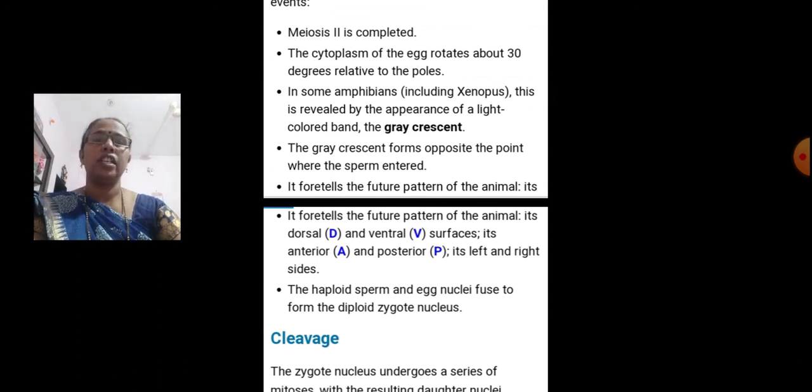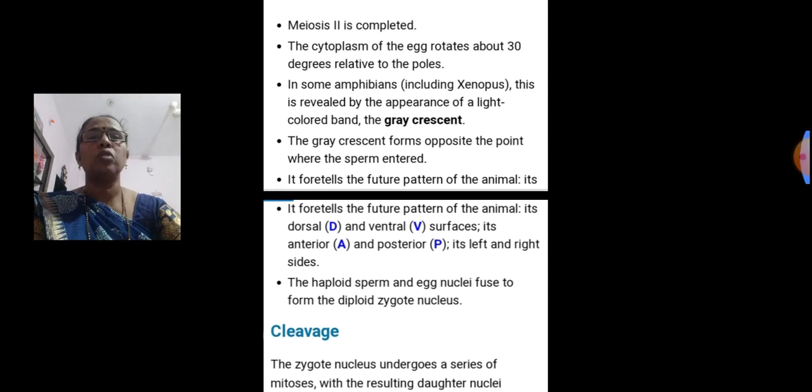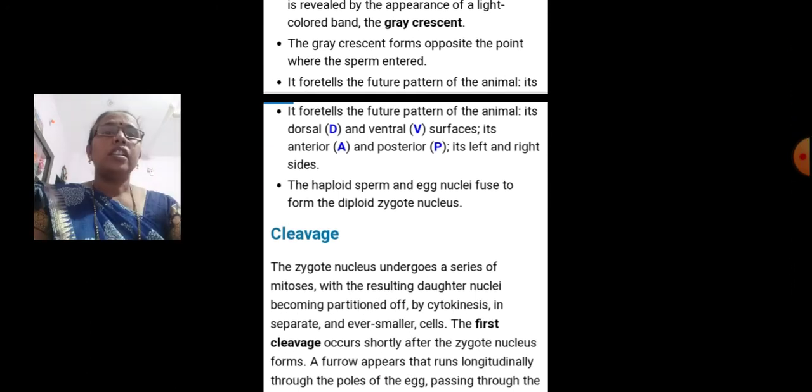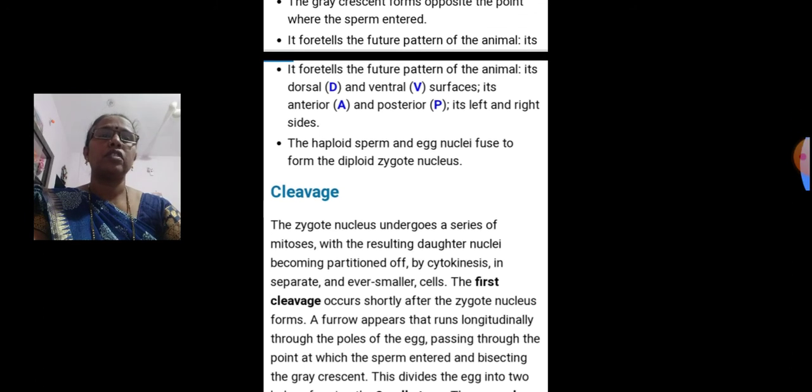Then after fertilization, the first stage is called cleavage. The zygote nucleus undergoes a series of mitoses with the resulting daughter nuclei being partitioned off by cytokinesis.